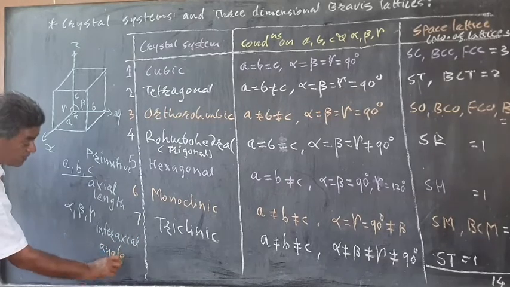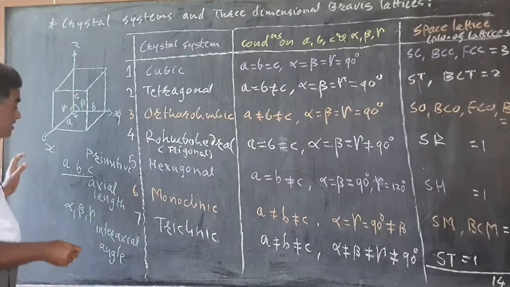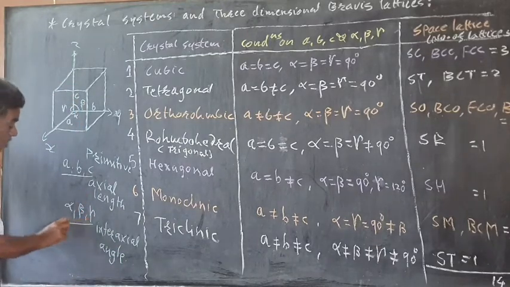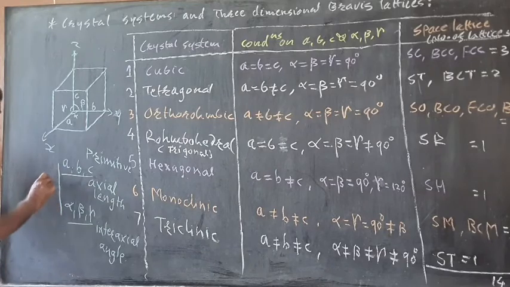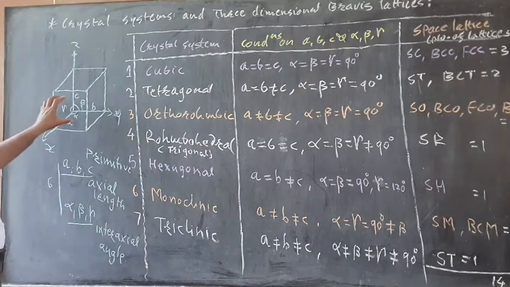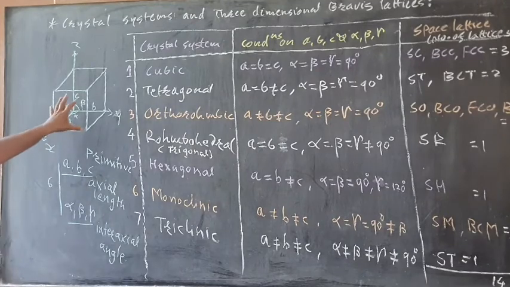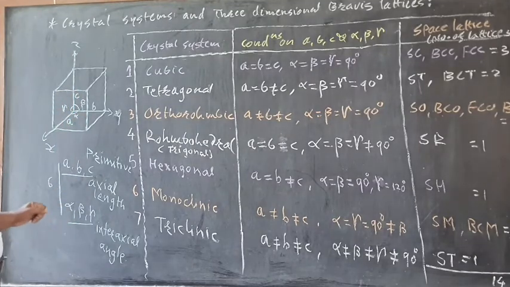So the size and shape of the unit cell in 3 dimensions can be given by, in all, 6 parameters. So 6 parameters are required to give the complete information about the unit cell.